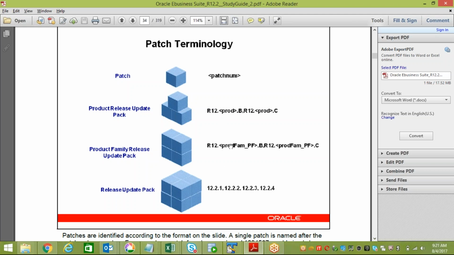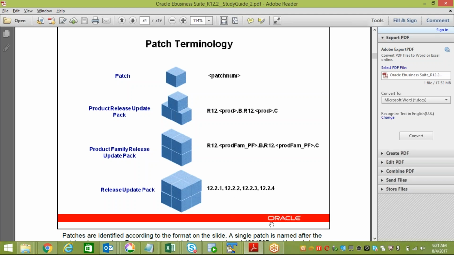Then AD family underscore PF dot B, R12.AP, or financial family underscore PF, manufacturing, there would be one code like that. That is a family pack. And if they say 12.2.1, 12.2.2, 12.2.3, that is called a maintenance pack.